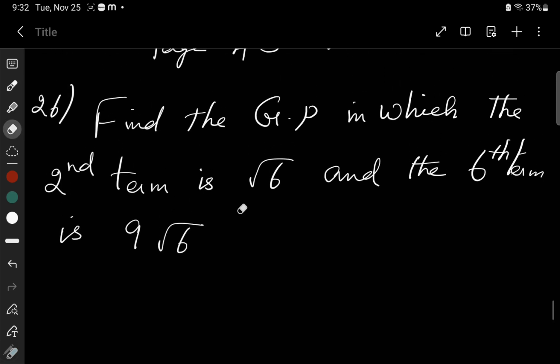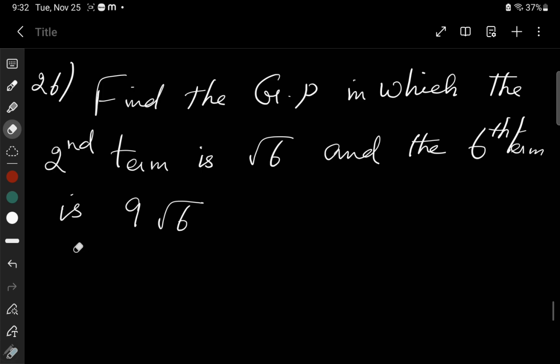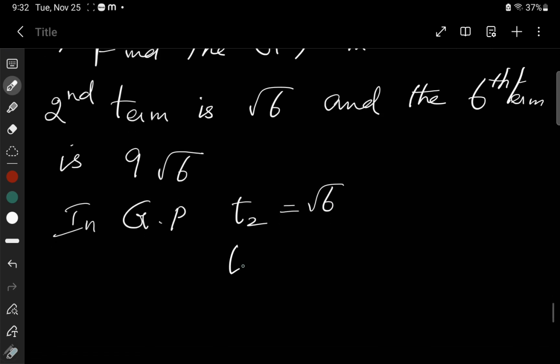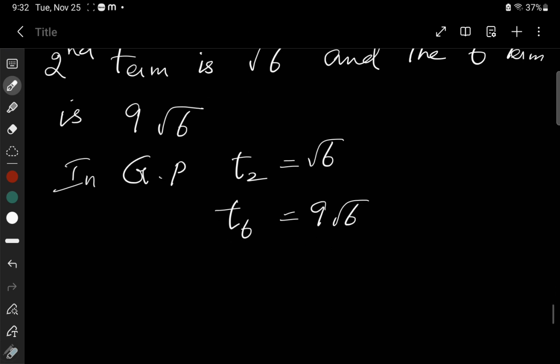See the next sum. Find the GP in which the second term is root 6 and the sixth term is 9 root 6. So in GP, second term is root 6, sixth term is 9 root 6.